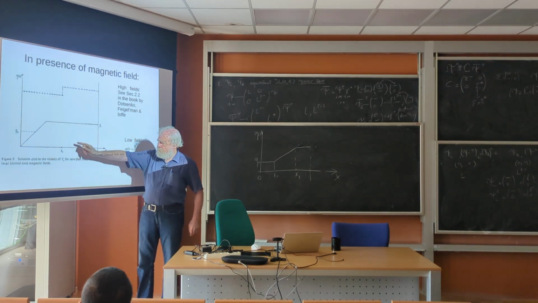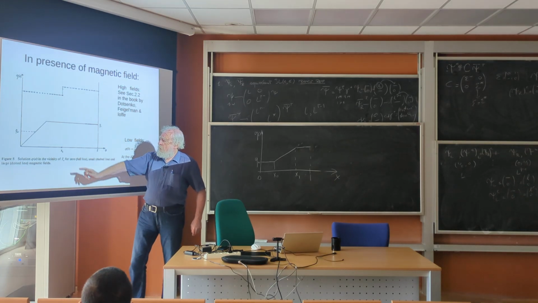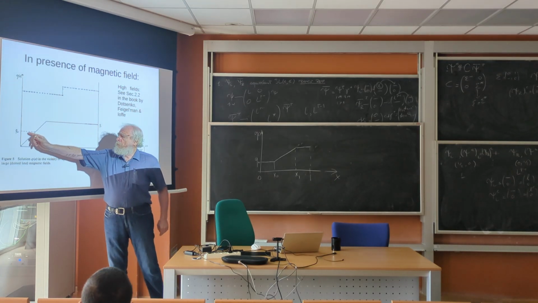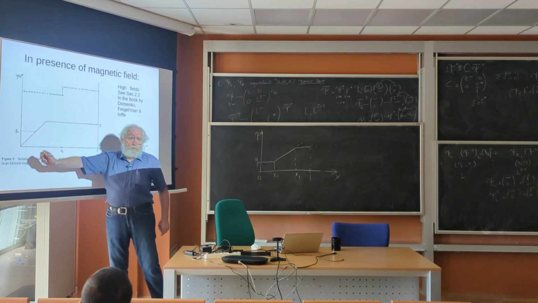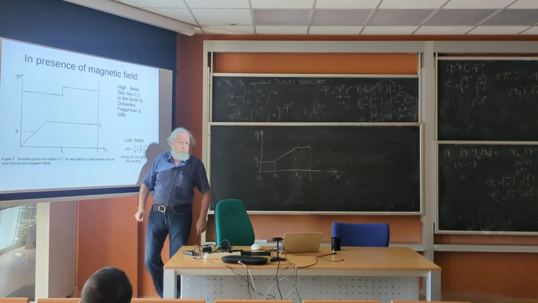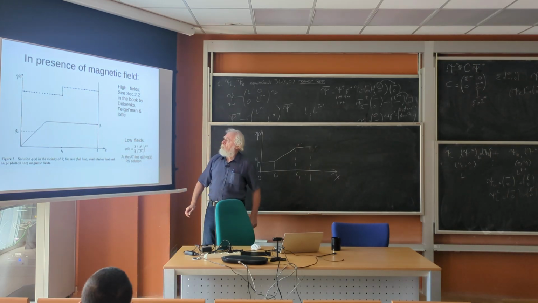Again, it will be constant on some interval of x, then a linear piece, and the difference is that this Q naught will be non-zero. Q naught will be given by this expression.